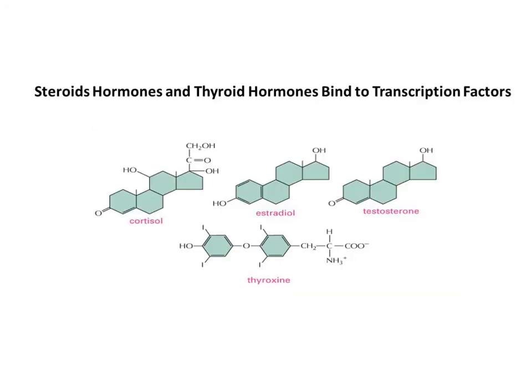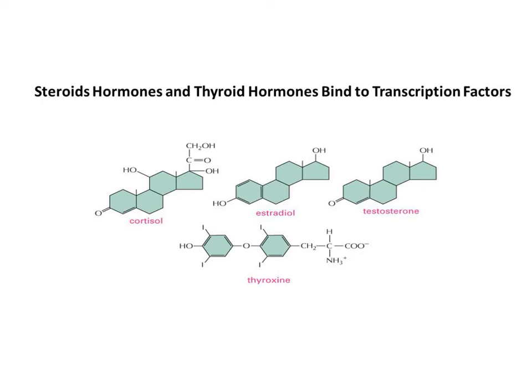So besides the nitric oxide pathway and its particular role in vasodilation and helping regulate blood pressure, we also have other types of signal molecules that activate other types of pathways. One such category is hormones. When we think about something like steroid hormones or thyroid hormones, one of their major receptors is actual transcription factors.